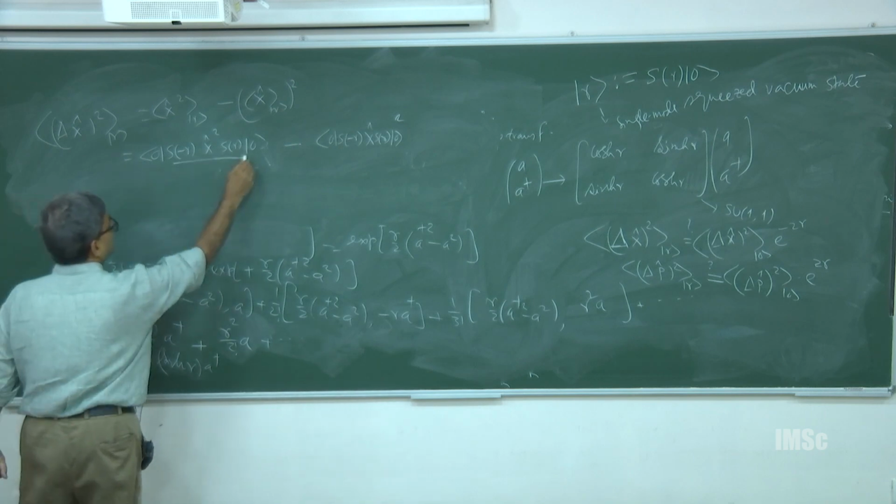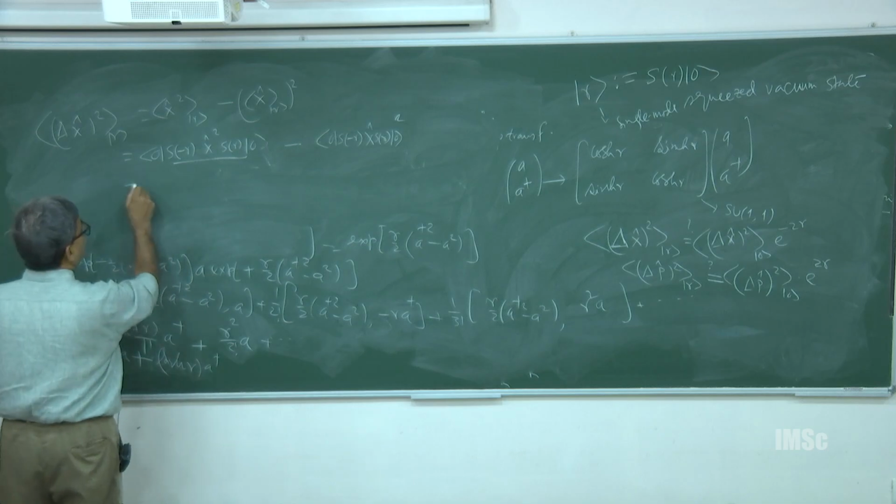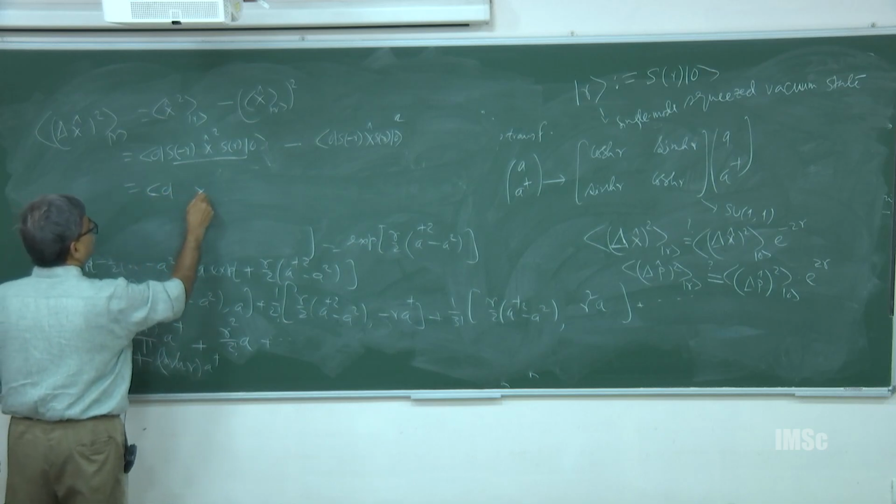And what is this? This is like A plus A dagger over root 2, whole square.